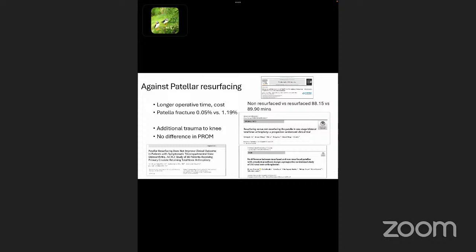In a paper this year in the Journal of Arthroplasty by Daniel Reddy, who reviewed about 50 cases, all of the patellas were selectively resurfaced.